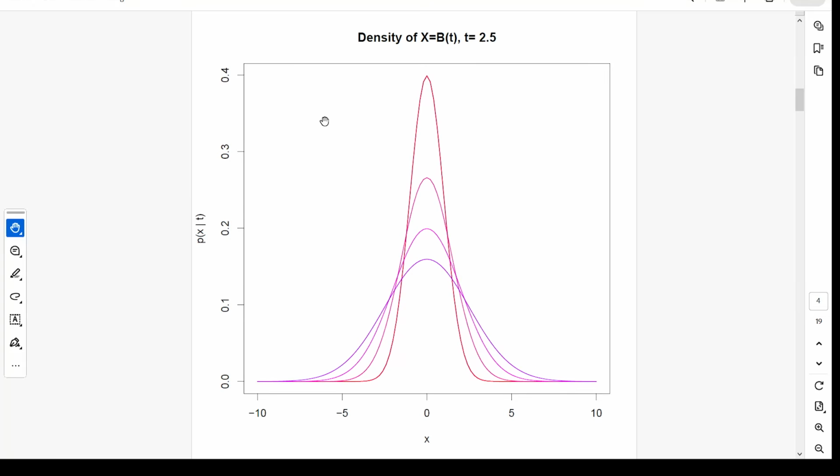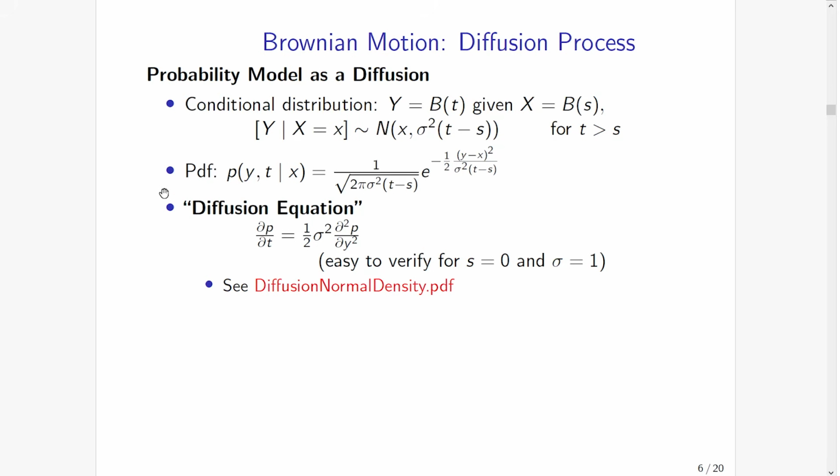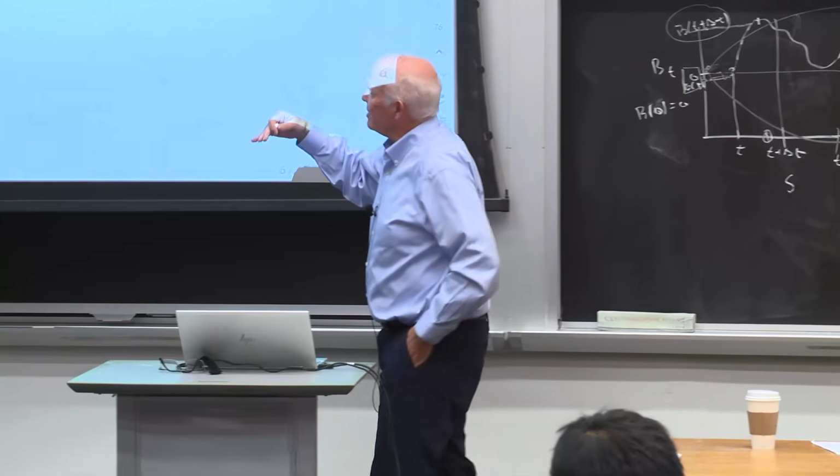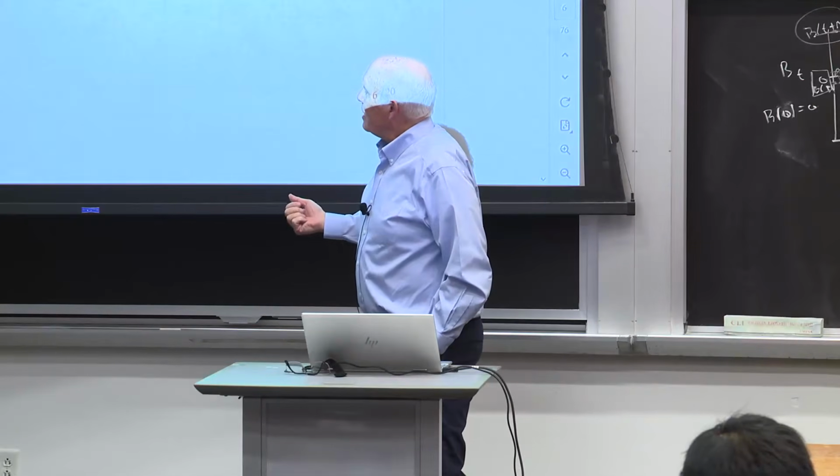So this kind of motion or dynamics satisfies the diffusion equation. And so what's, I think, important is just to have a good sense of what it means when a function such as the density satisfies this diffusion equation.